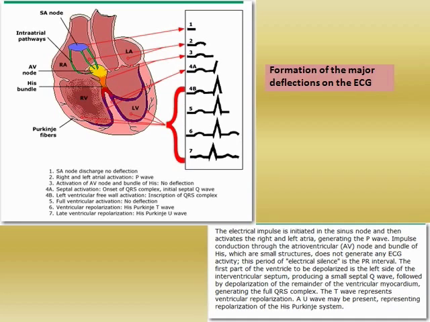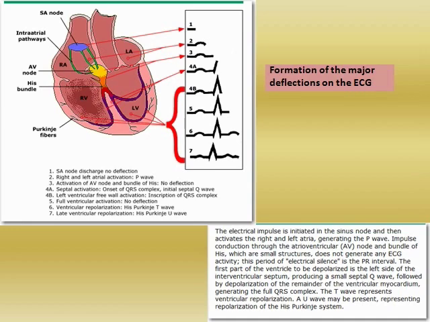So please follow the number and the wave so that you will understand which wave is created and its anatomical relationship. One is the SA node discharge, which produces no deflection. Number 2 is right and left atrial activation, which is the P wave. Number 3 is the activation of AV node and the bundle of His, which produces no deflection.